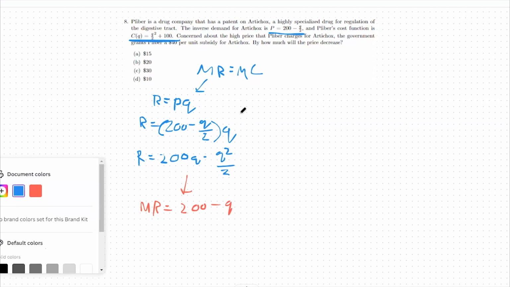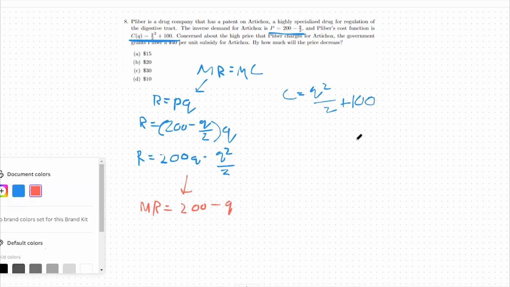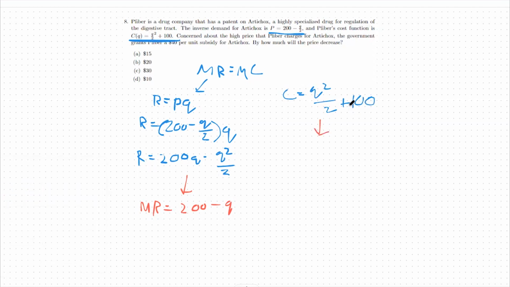On the other side, we have our cost function. We will start with C equals Q squared over 2 plus 100. And all we're going to do here is take the derivative of that function with respect to Q to figure out our marginal cost. In this case, marginal cost will be Q, or the derivative with respect to Q of this cost function.